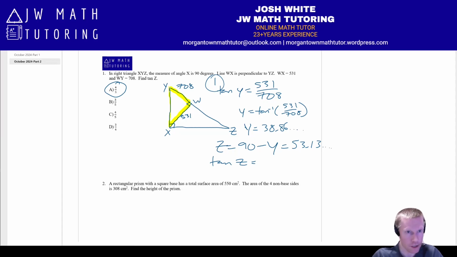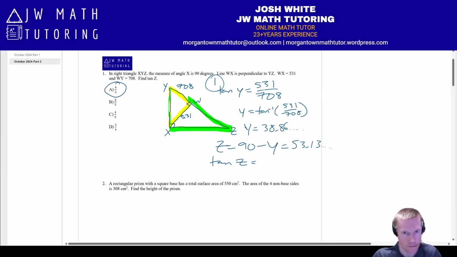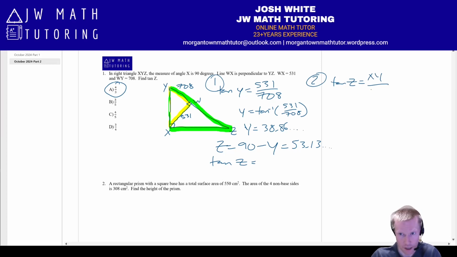So in other words, if you look at the whole large triangle here, tangent of angle Z is equal to its opposite side, xy, over its adjacent side, xz. Notice from the picture, this is basically like short leg over long leg, just the way that I've drawn it.